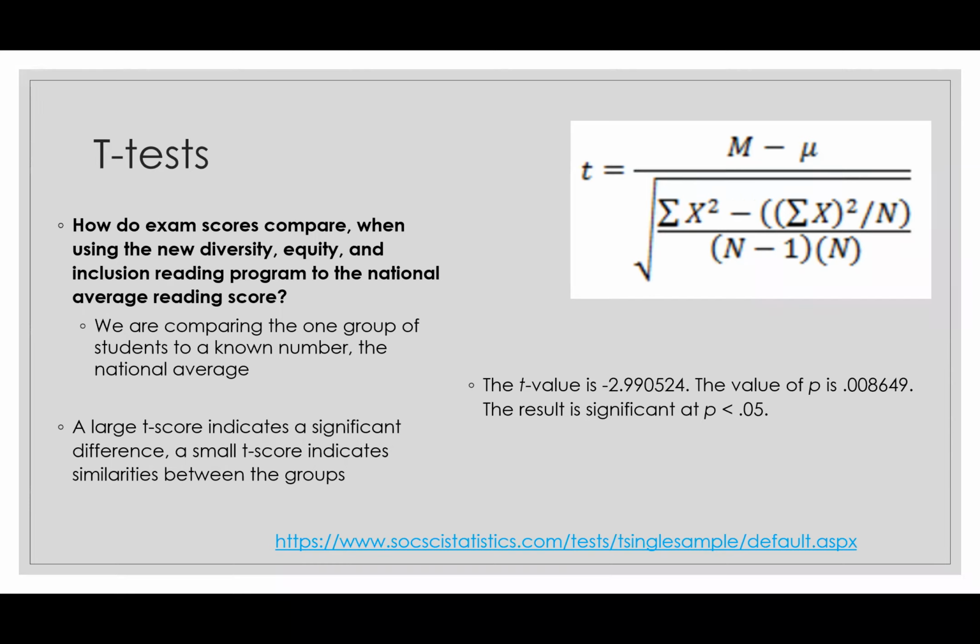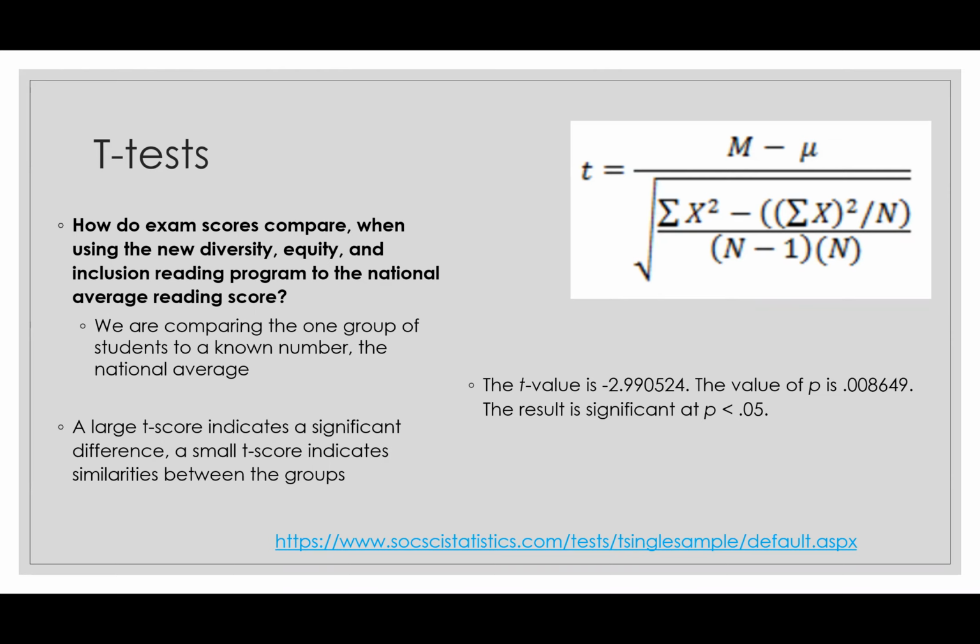The larger t-score indicated a significant difference between groups. And here again, in this example, comparing test scores to a known score, the t-value was negative, meaning that it is lower, but the result is significant because the p-value was less than 0.05.